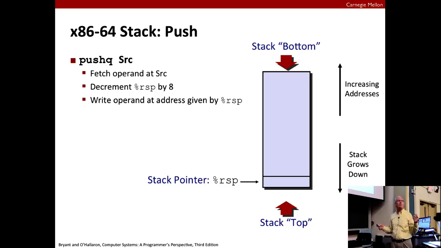It could be from a register or from memory or an immediate. This is like a move instruction, but the destination of the move will be toward memory, and the address of the memory is determined by first decrementing the stack pointer and then doing a write.